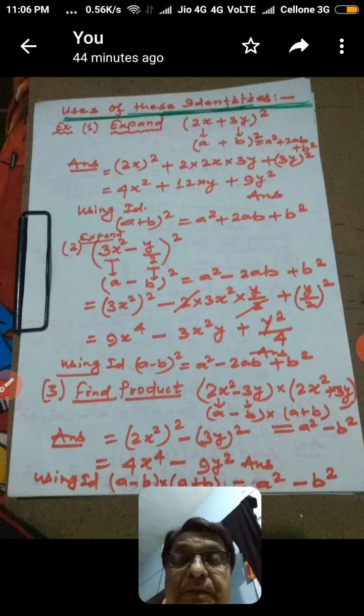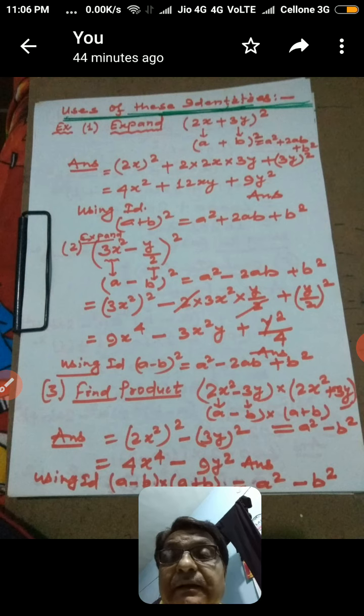Now students, I hope that the second expansion question you can do in the same way, where the question is (3x square minus y by 2) whole square. So taking 3x square as a and y by 2 as b and putting minus between them, making whole square, we have the form (a - b) whole square, which is equal to a square minus 2ab plus b square.